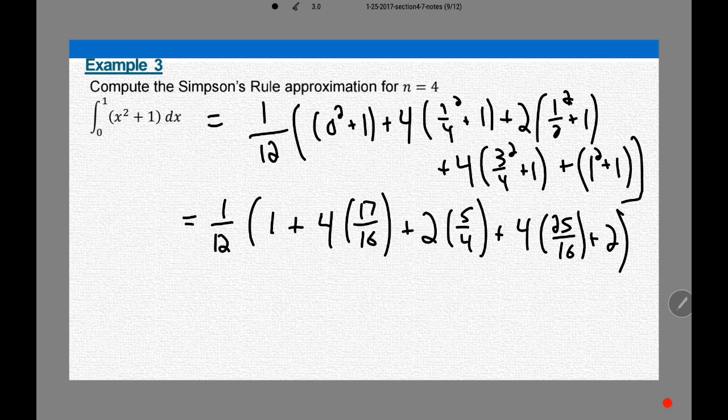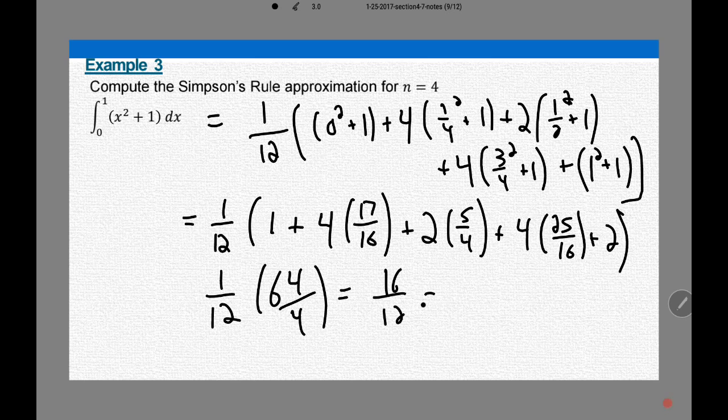And if we add all this up, we end up getting 1/12 of 64 over 4, which equals 16 over 12, which equals 4/3. Now, you might be saying, hey, we had something very similar to that before. We had 1.3 and some change, and this is 1.3 repeating. If you look at the actual definite integral, and calculate it out, that's what you're going to get.